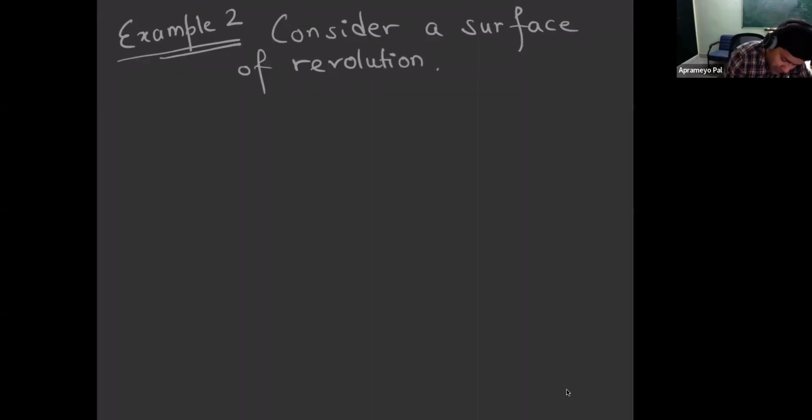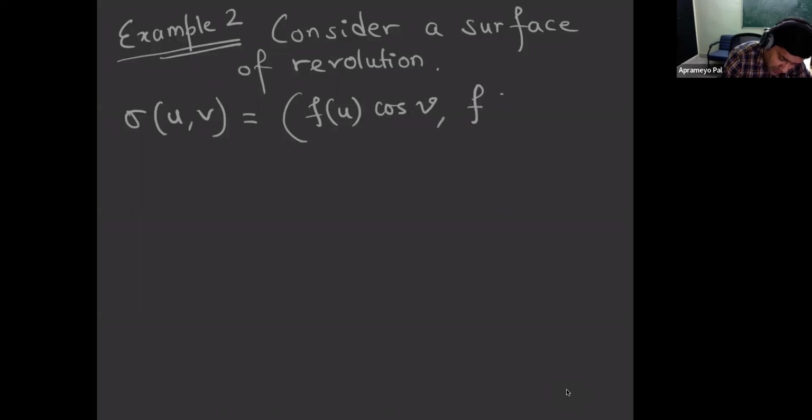And I guess you have already seen one parameterization of a surface of revolution: sigma(u,v) = (f(u) cos v, f(u) sin v, g(u)).